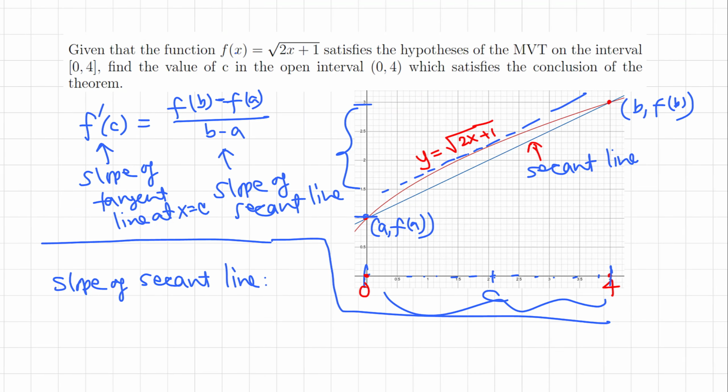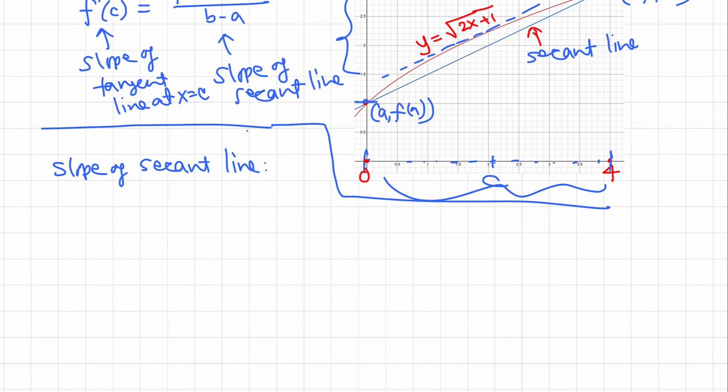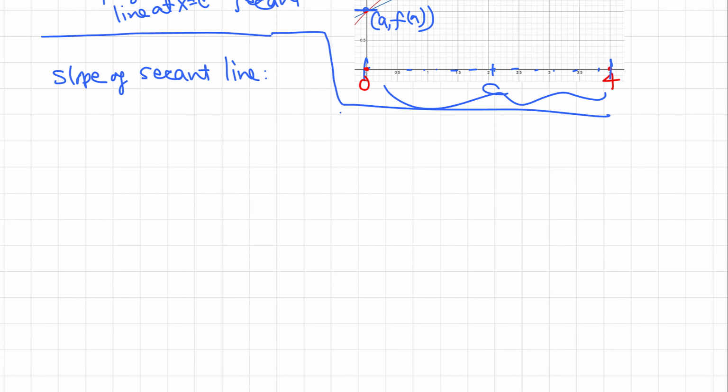We have the curve and the points are 0 and 4. So we need to evaluate this function at 4 and at 0. This is 2x plus 1, so 2x is 8, plus 1, 9, so f(4) is 3. f(0) is 2 times 0 plus 1. I'm just evaluating the function. This is 1.